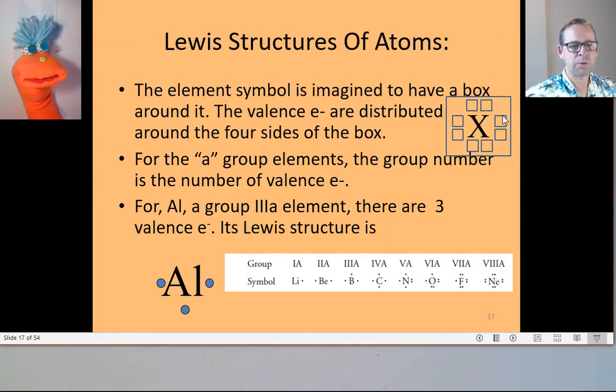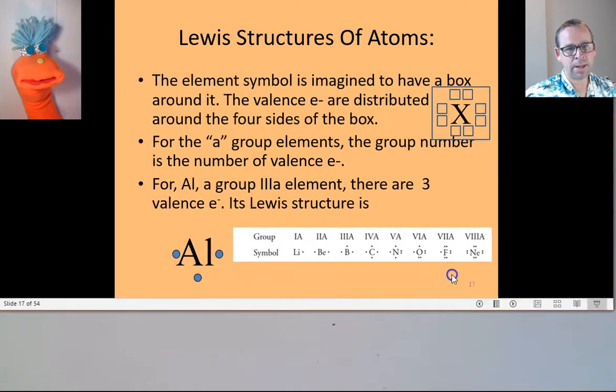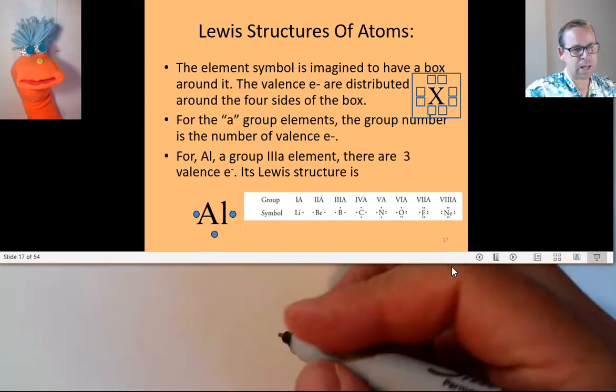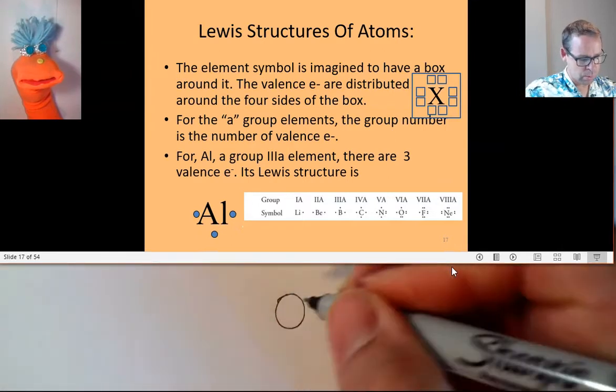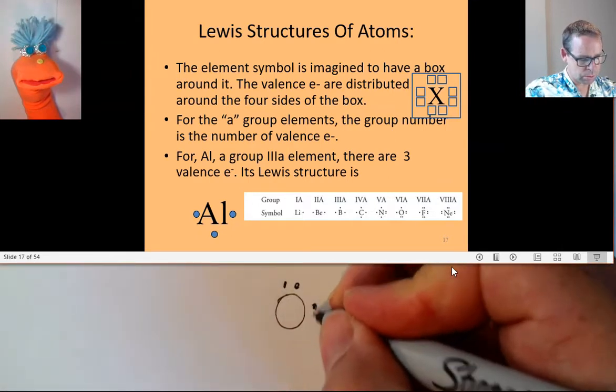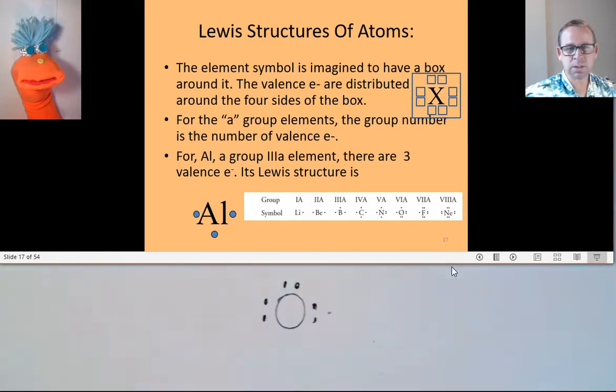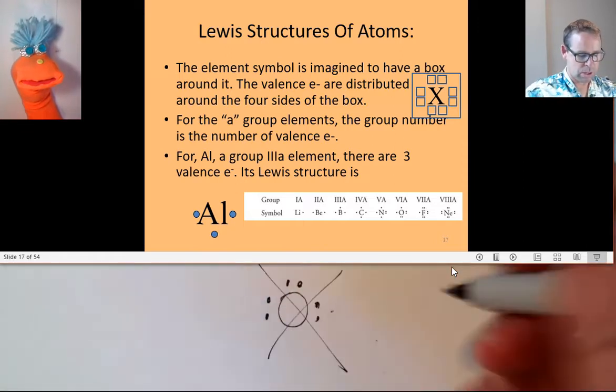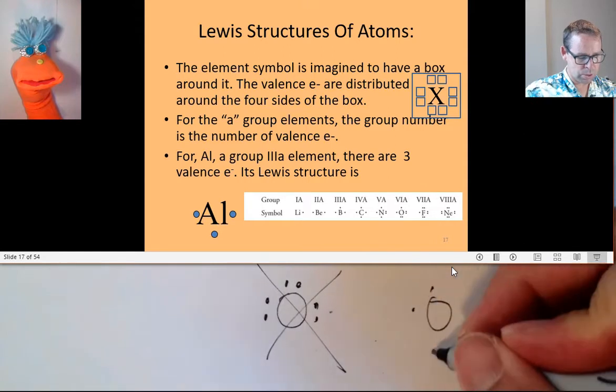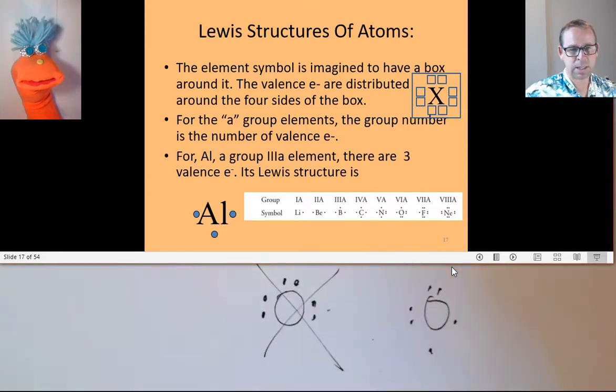Okay? So like Hund's rule before, we don't pair up valence electrons in Lewis dot structures until every side has at least 1. So it wouldn't be correct to do this: 1, 2, 3, 4, 5, 6 for an atom of oxygen. You have to go like this: 1, 2, 3, 4, 5, 6.